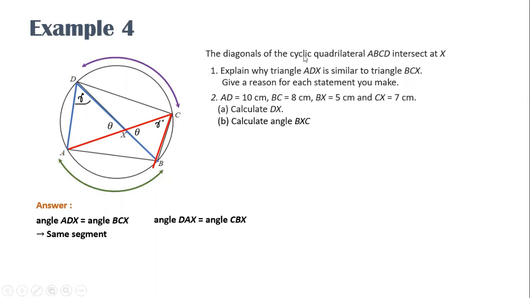Let's say angle DAX is alpha. Automatically, angle CBX is alpha as well. Right? They have the same segment. The segment is BC, or they have the same arc. The arc is BC. Is it right?